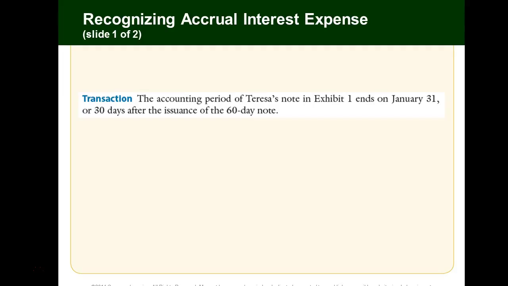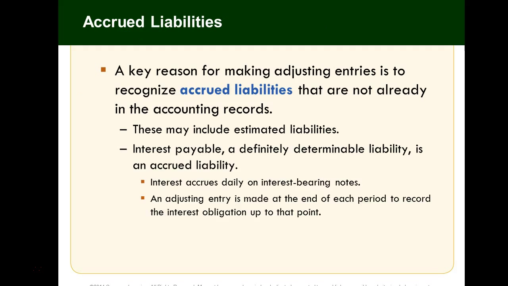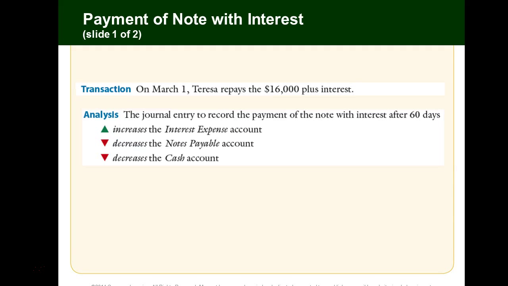So here's an example, guys. The accounting period of Teresa's note in Exhibit 1 ends on January 31st, or 30 days after the issuance of that 60-day note.